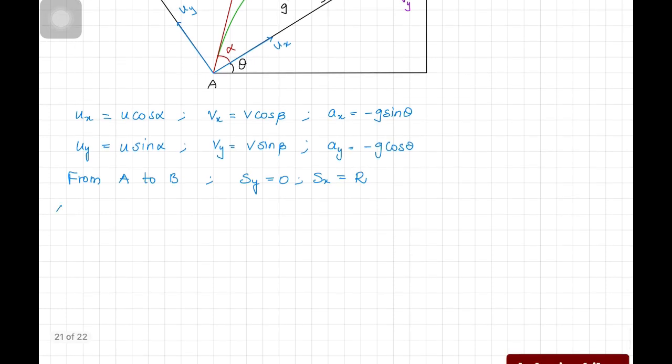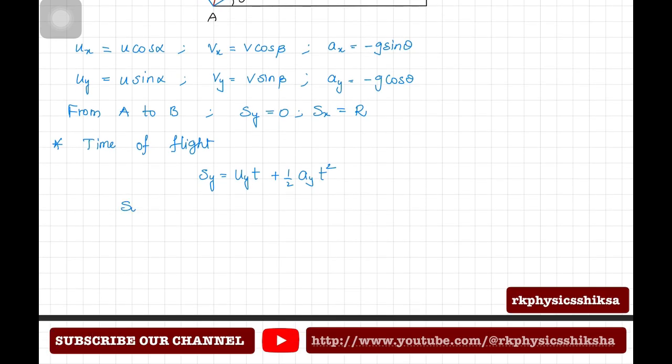And to calculate the time of flight, we use the equation sy is equal to uy into t plus half into ay into t square, where sy will be equal to 0 for the total displacement from A to B, uy is the vertical component of initial velocity, which is u sin alpha, and ay is equal to minus g cos theta, and the time of flight we have taken as capital T.